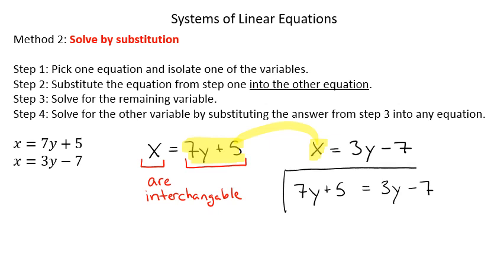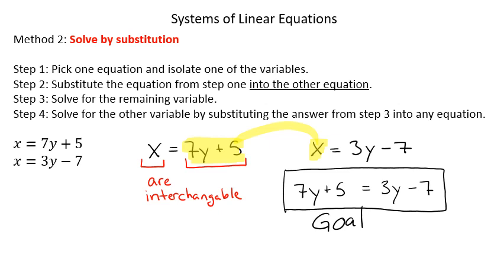This is our goal, not just with this method, but with the next one as well. Substitution method, the addition elimination method, either one you use, this is what you want: one equation with one variable. It doesn't matter if it's one equation with only the letter x or only the letter y, one or the other.